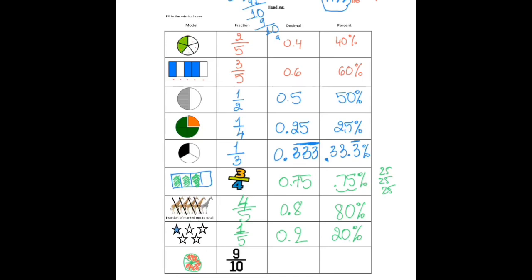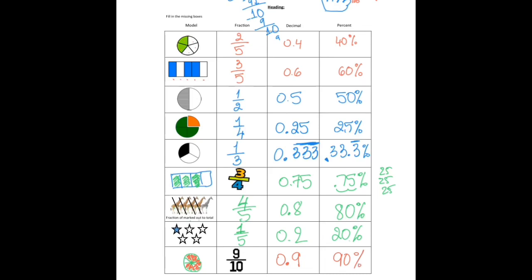So this represents 9 out of 10, and let's convert 9 out of 10 into a decimal. So 9 out of 10 will be 0.9. And 0.9 is 90%.